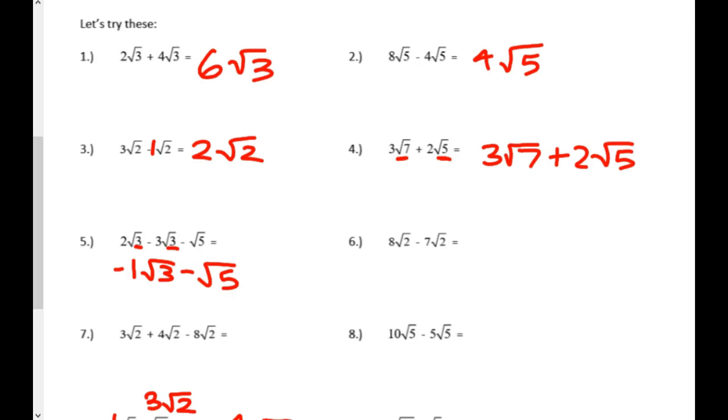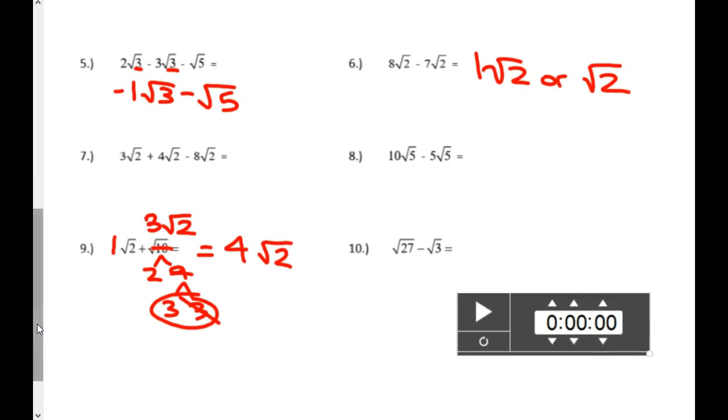Number 6 is going to be 8 minus 7, 1 square root of 2, or just square root of 2. Number 7, 3 plus 4 is 7, minus 8 is negative 1, square root of 2. All of the square roots were the same, so it makes sense, right? Number 8, 10 minus 5 is 5.